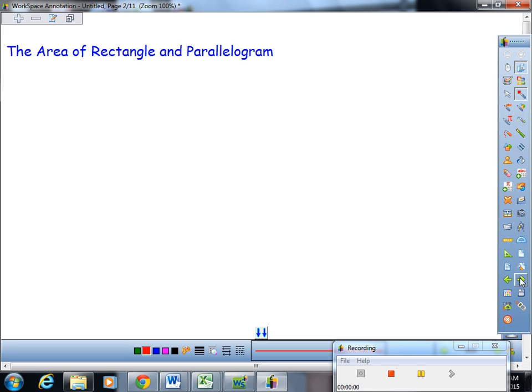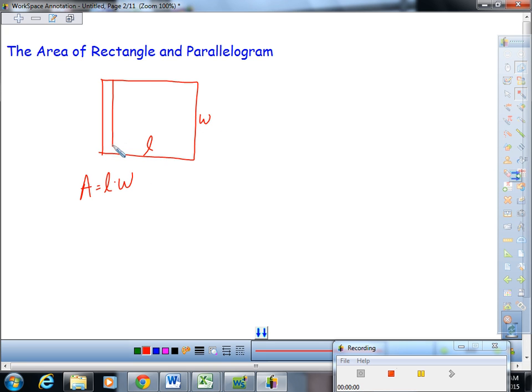So the area of a rectangle is length times width. This would be the length, and that would be the width. We won't do this every time, but this is how the cavemen figured out multiplication.